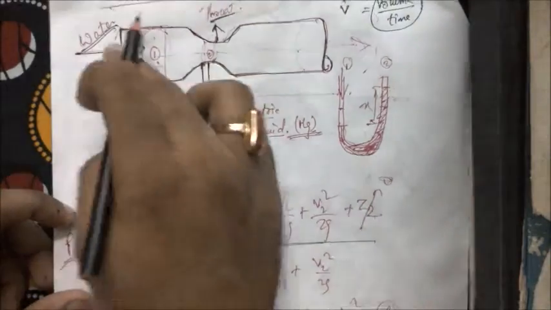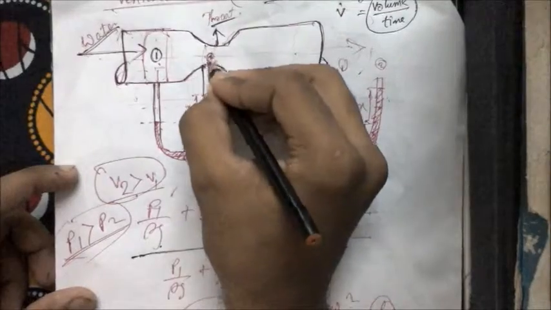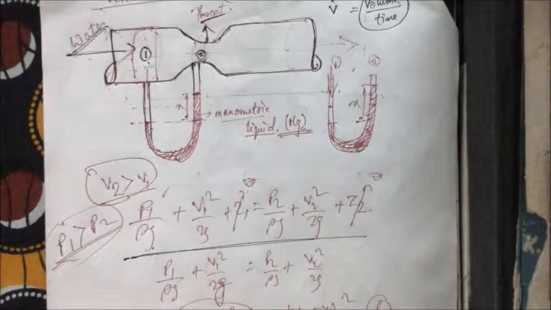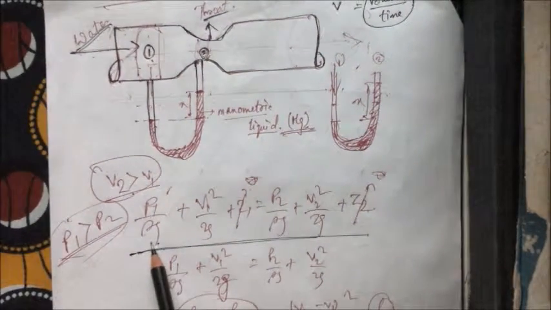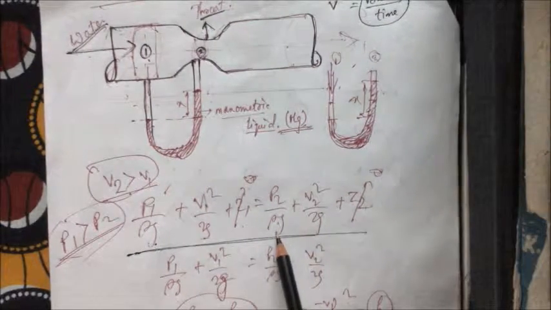If I apply the Bernoulli's equation at point 1 and point 2, what will I get? This is P1 by rho g plus V1 square by 2g plus Z1 equals this thing.